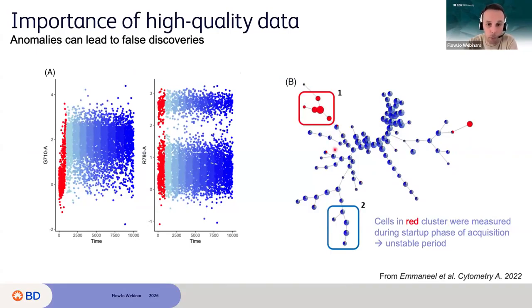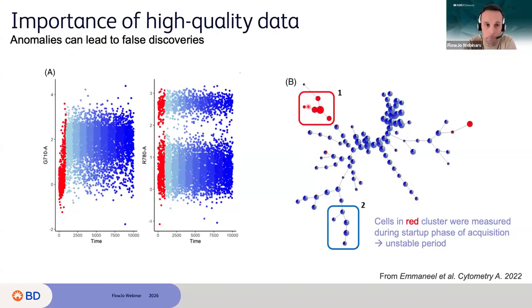Here's an example from a paper in Cytometry Part A, and you see that at the beginning of the run here, it creates a specific cluster when the rest of the run creates every other cluster. So this red cluster was measured during the startup phase of the acquisition, and it was an unstable period of the run, which resulted in creating those clusters.